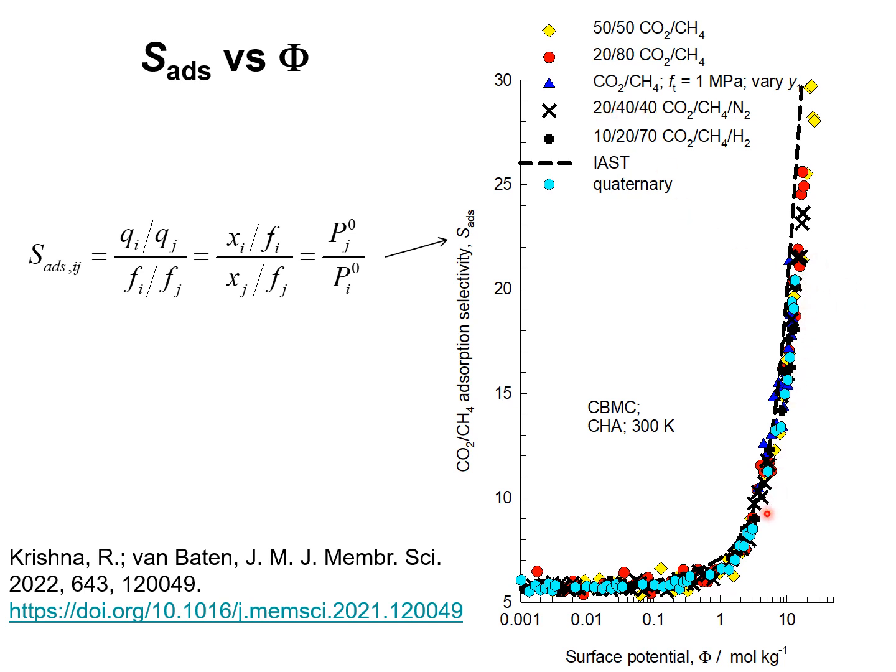The pluses represent ternary mixtures of CO2, methane, and hydrogen in the proportion 10-20-70. And the cyan-colored hexagons represent data for a quaternary mixture of CO2, CH4, nitrogen, and hydrogen.